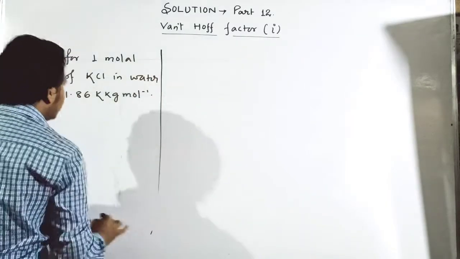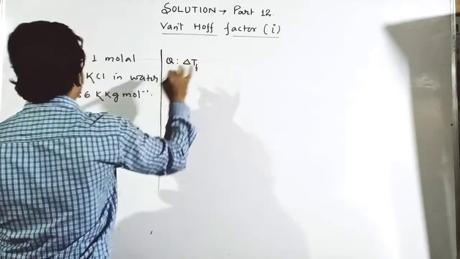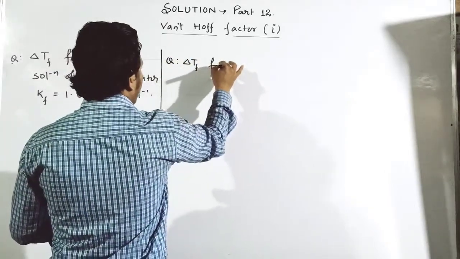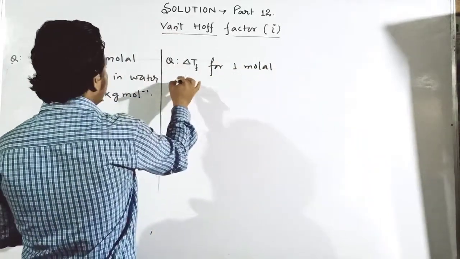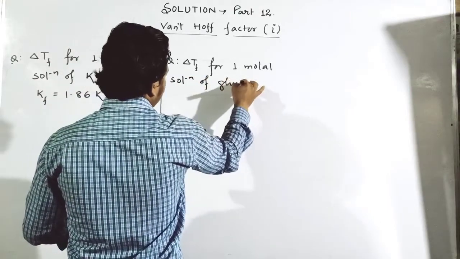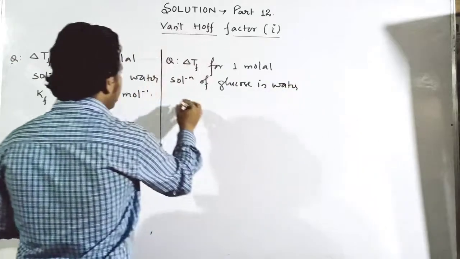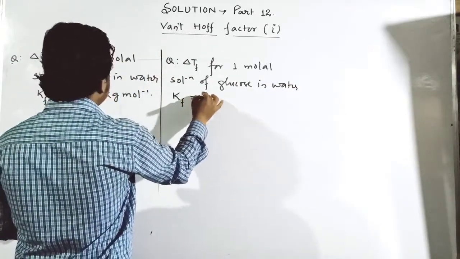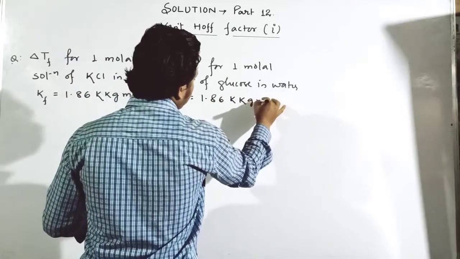The second question is, what will be del Tf for a 1 molar solution of glucose in water, and here also Kf is equal to 1.86 Kelvin kg per mole.